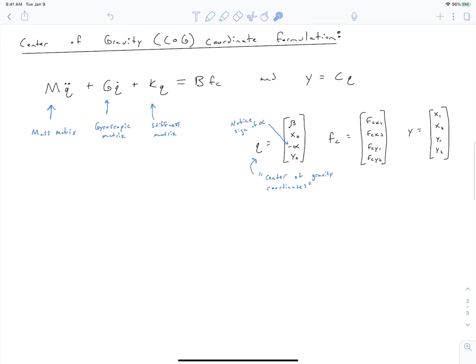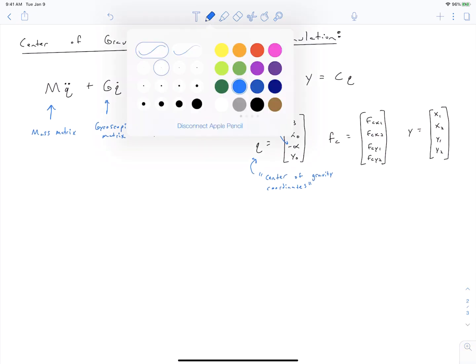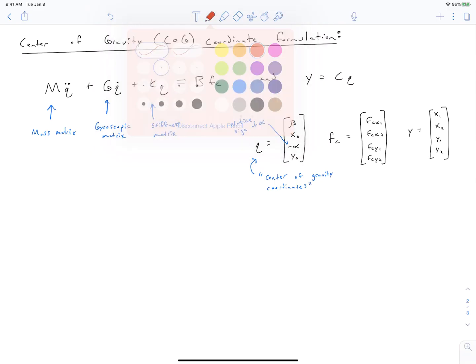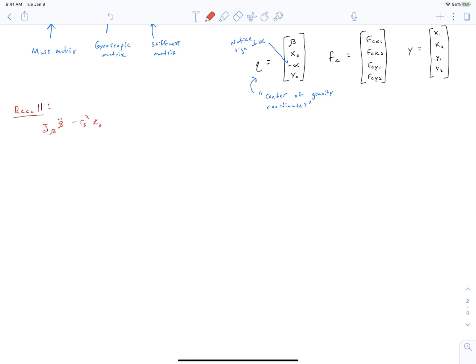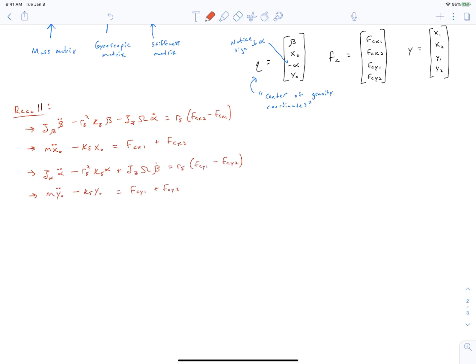So we will now write out our matrix expressions, but first, before we do that, I want to have you recall the differential equations that we were putting into matrix forms. So these are our four differential equations. This is just a review of what we've already written out.